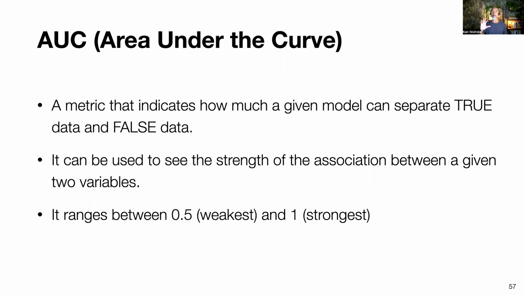It indicates how much correlated or associated the target variable is with the predictor variables. Unlike R square, the range is only from 0.5 to 1, where 1 is the strongest and 0.5 is the weakest, almost no relationship.